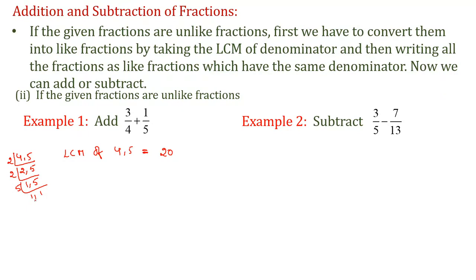So you got 1, 1 in the last row. Just take the divisors and multiply them: 2 into 2 into 5, 2 twos are 4, 4 fives are 20. So no need of doing it like this. If the two numbers have no common factors, just multiply them to find out the LCM. So LCM is 20 here.